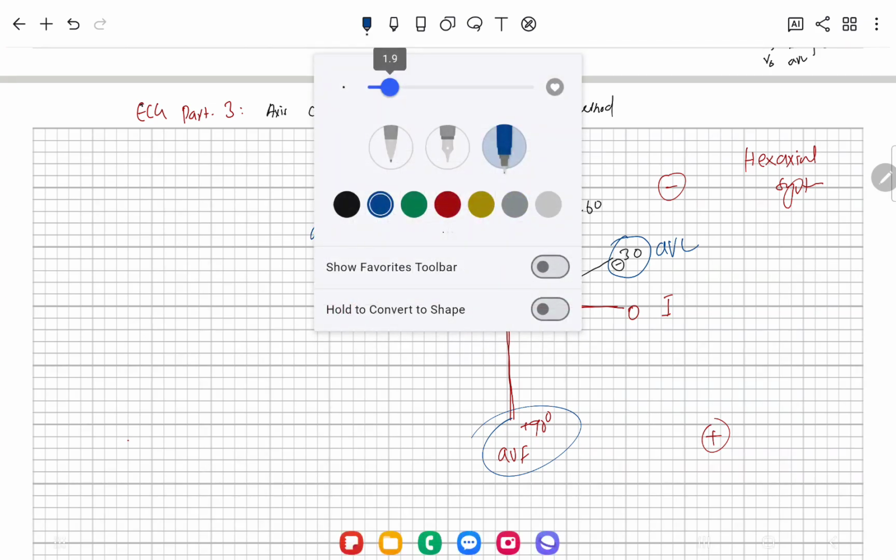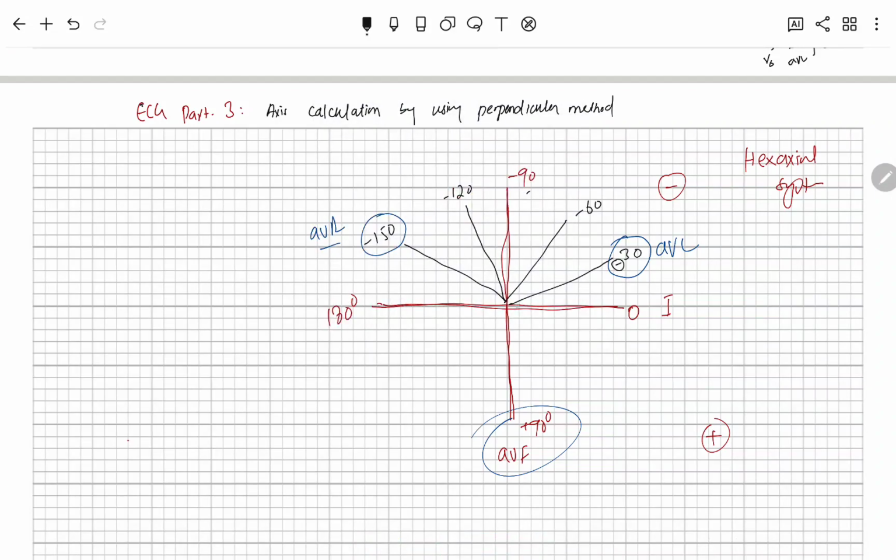If I pull the AVL lead to the opposite side, it will be at plus 150 degrees. If I pull this lead, it will make plus 120 degrees here. If I pull this lead, it will make plus 60 degrees here.